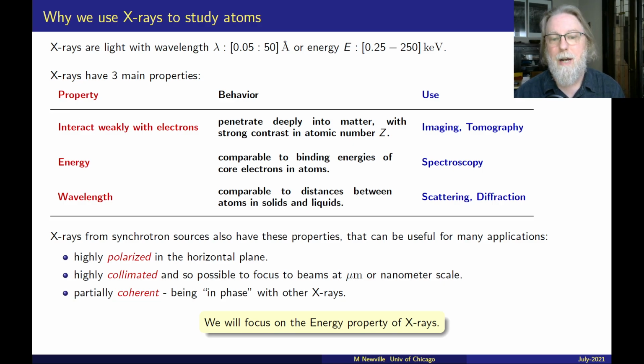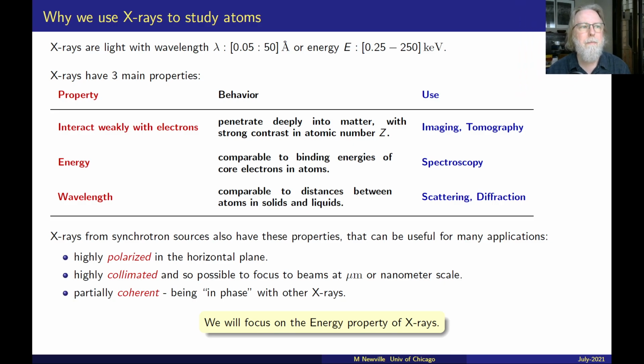In addition, X-rays are highly collimated, so it's possible to focus beams at the micron scale or even lower. And X-rays from synchrotrons are partially coherent, that is, being in phase with other X-rays. In this series, we'll focus on the energy property of X-rays, but these other factors can be kept in mind too, as they're very interesting and exploited in many X-ray methods.